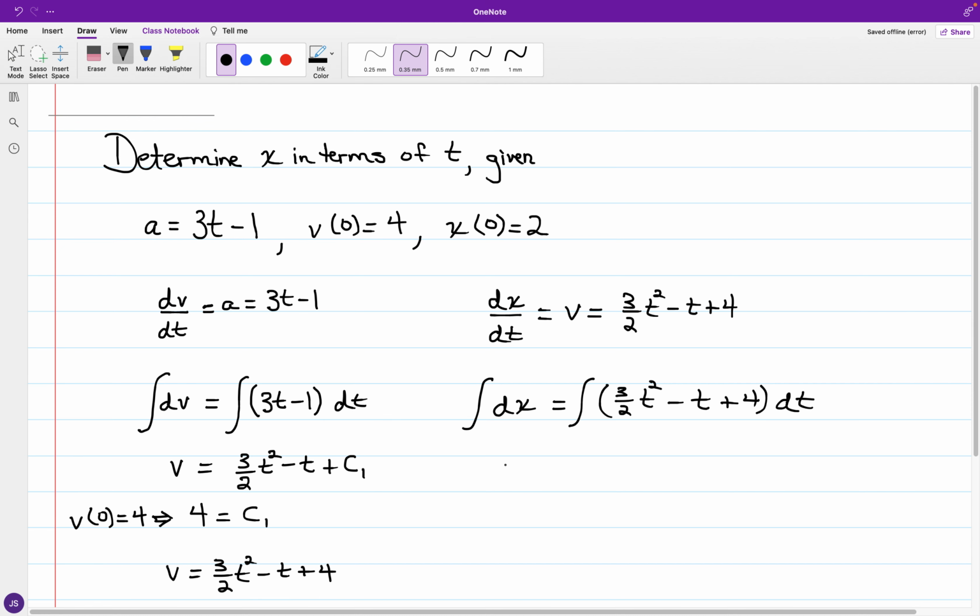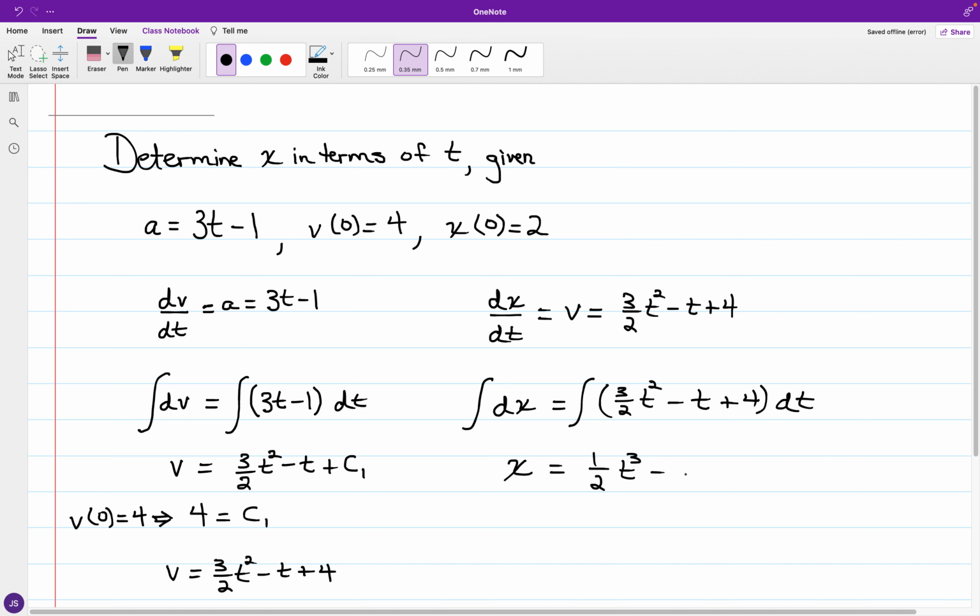Once again, the antiderivative of dx becomes x, and we have x equal to, with the power property, the antiderivative of t squared will become 1/3 of t cubed, and taking 1/3 of 3/2, this will be 1/2 of t cubed.